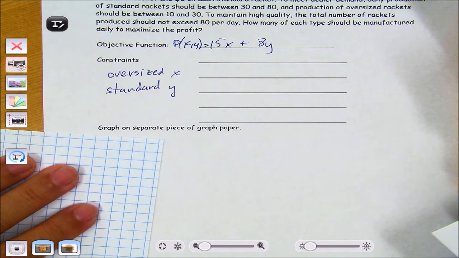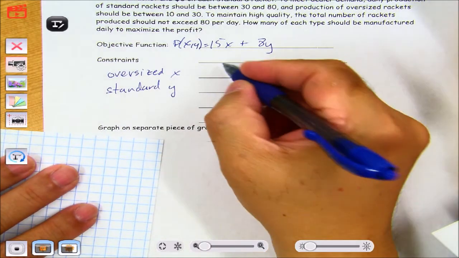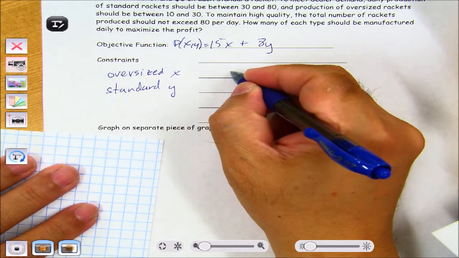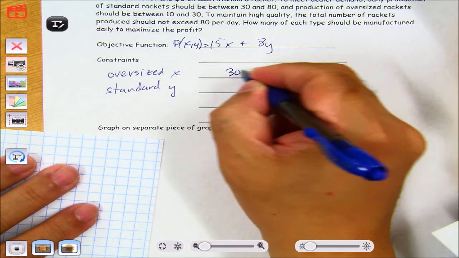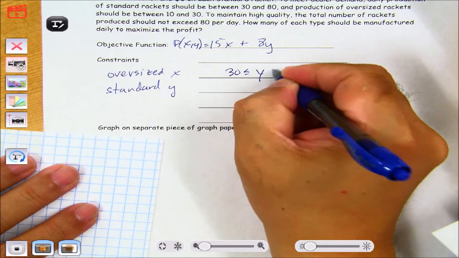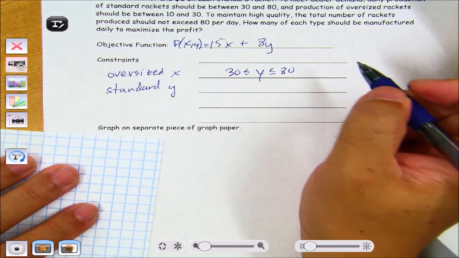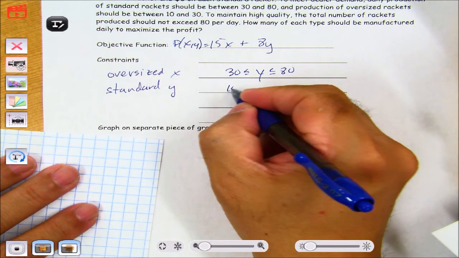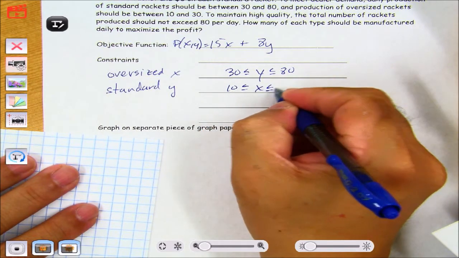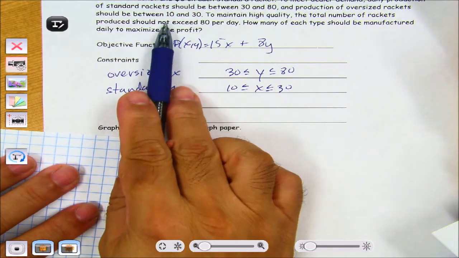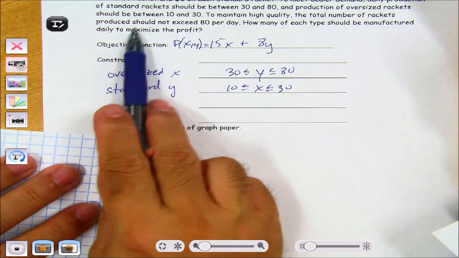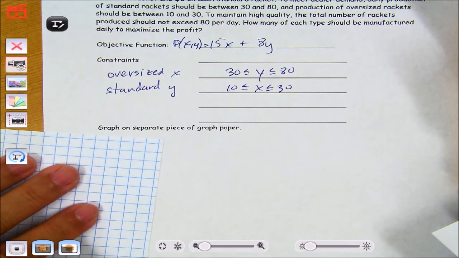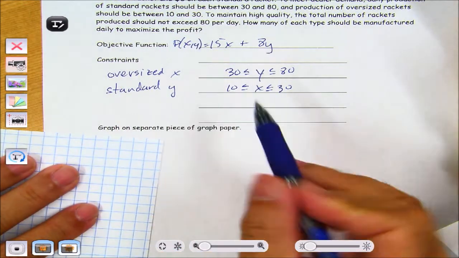To meet dealer demand, daily production of the standard rackets, so that's y, is going to be 30 to 80 for y, and 10 to 30 for x. Right, that's what that means. Production of oversized rackets should be between 10 and 30. To maintain the quality, you can't make more than 80 a day.